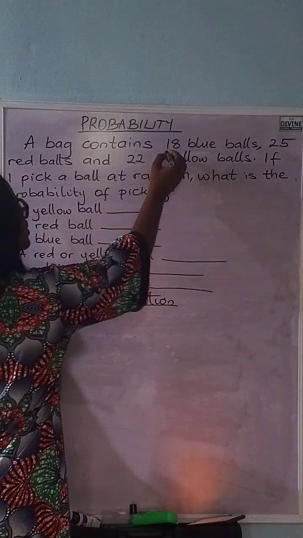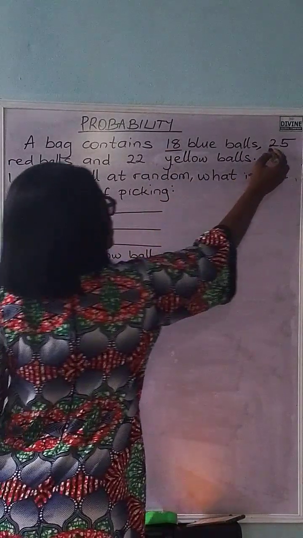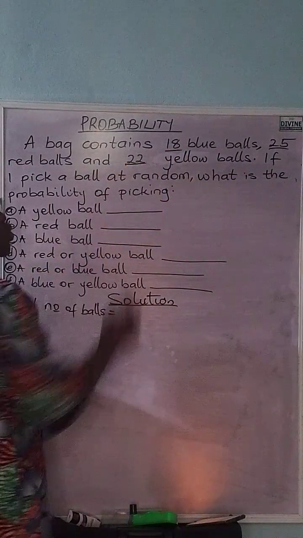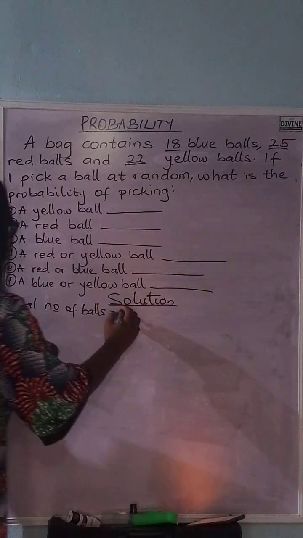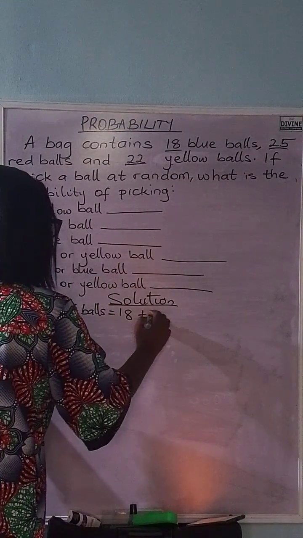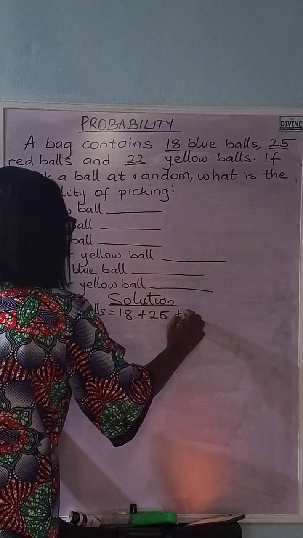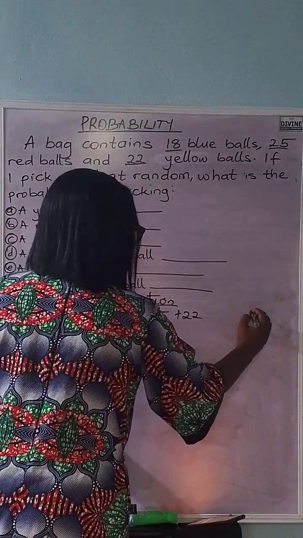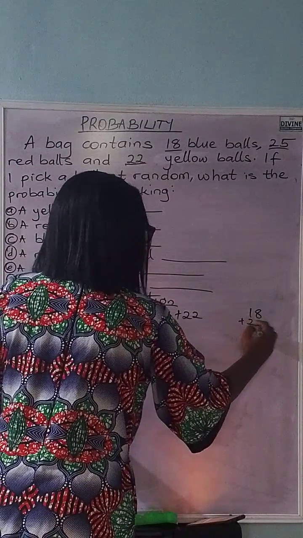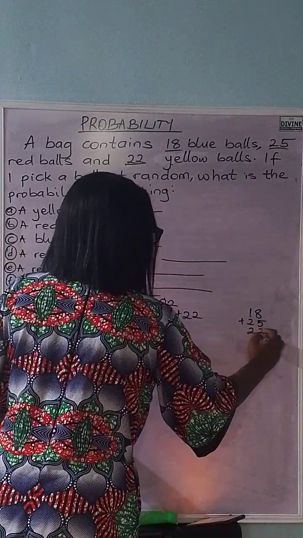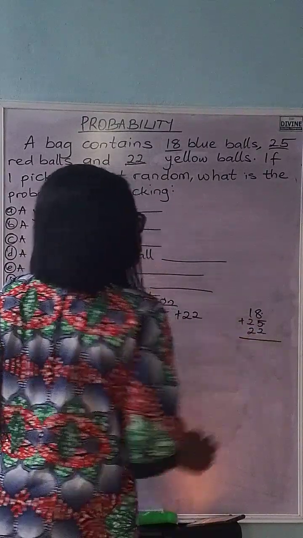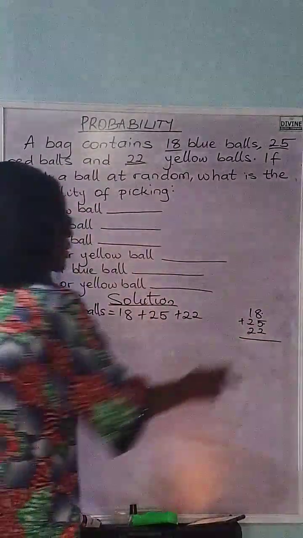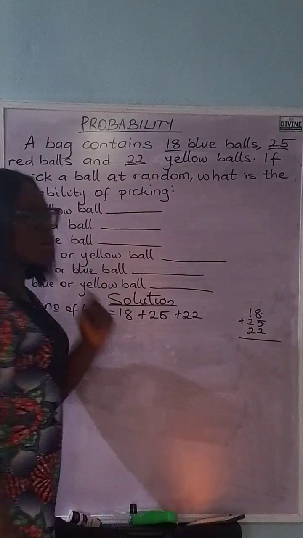We add 18 balls plus 25 balls plus 22 balls. So 18 plus 25 plus 22. We add that at the side. 8 plus 5 gives us 13. 13 plus 2 gives us 15.